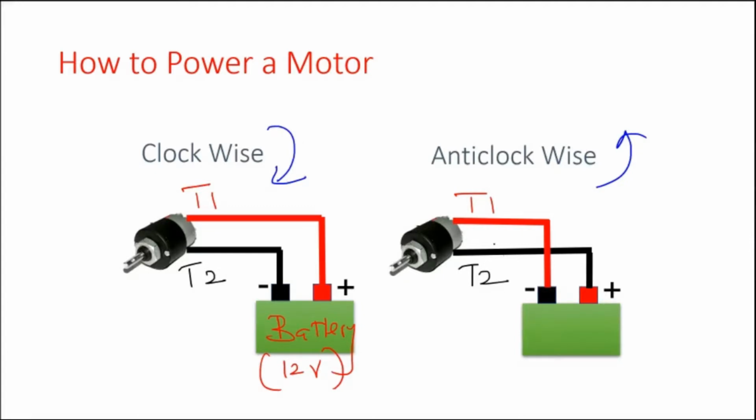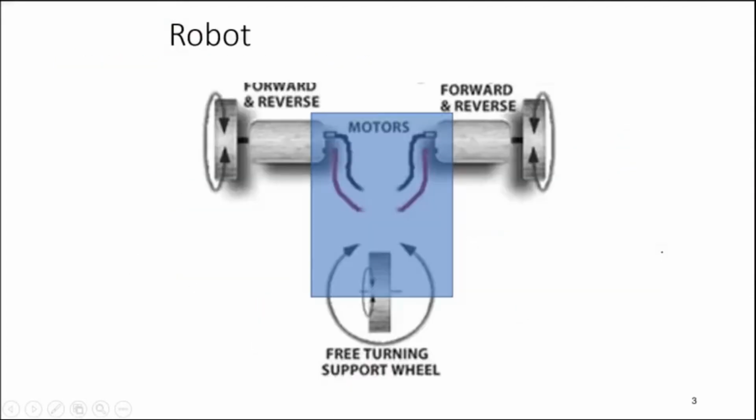So if you reverse connect the terminals of the motor with the battery, then you would end up having the motor rotating in the anti-clockwise direction. So this is simple physics that we discussed in the previous class.